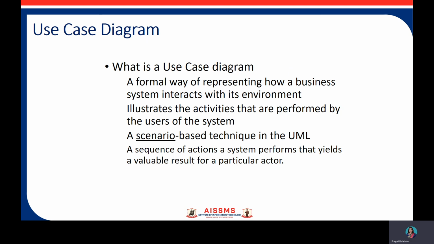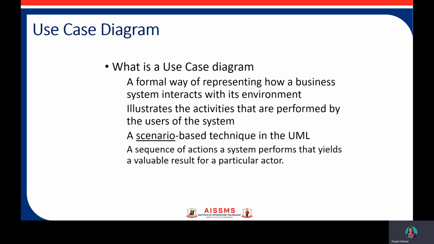Use case diagram is a scenario based technique used in UML because we divide our entire system into smaller modules, which we call scenarios, and for each and every scenario that we consider, using a use case diagram, we try to find out the interaction with respect to the external factors with your system.